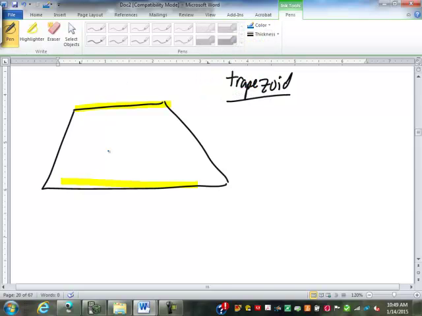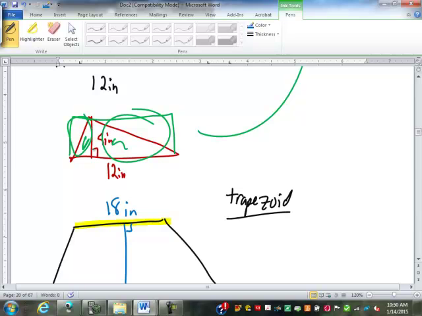And usually what we're given is the length of the two parallel sides, which are called bases. So that's 18 inches and 32 inches. And some sort of a distance between the bases. And that distance, as always, has to be perpendicular, just like with everything else we did. Like up here, this 5 inches had to be perpendicular to the base. Area always involves two dimensions that are perpendicular to each other.